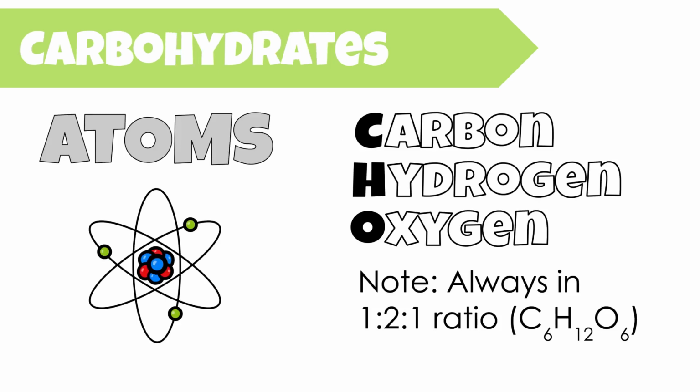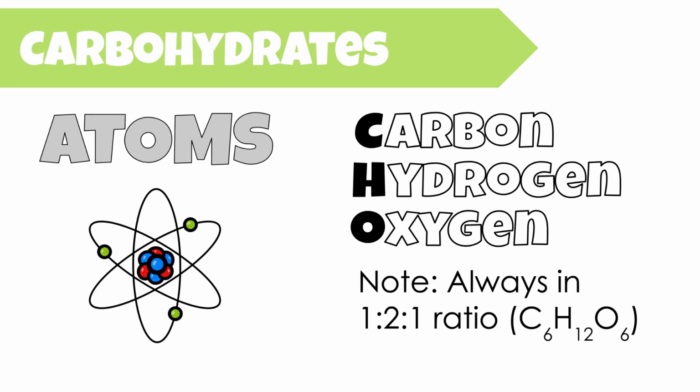When it comes to carbohydrates, for the atoms that make them up, we use the acronym CHO to remember it, which means that carbohydrates are made up of carbon, hydrogen, and oxygen atoms. What's unique about carbohydrates is that the combination of these atoms always falls in a 1:2:1 ratio.